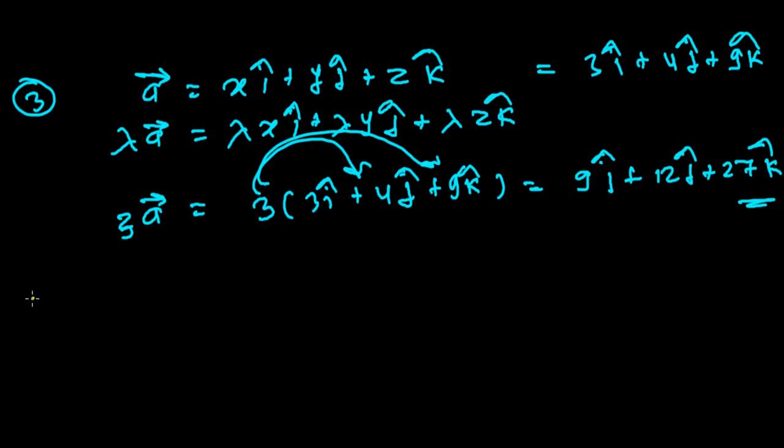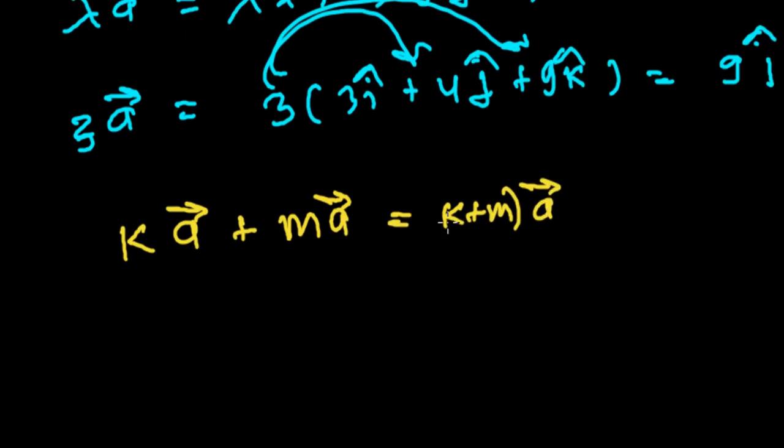That's it. And component form of the vectors, in addition as well as in multiplication, follow the distribution law. I mean to say, let's say k is some scalar quantity. It's ka plus, let's say, m times a. Here m is also a constant. Then you can take a common outside and it will be k plus m times a.